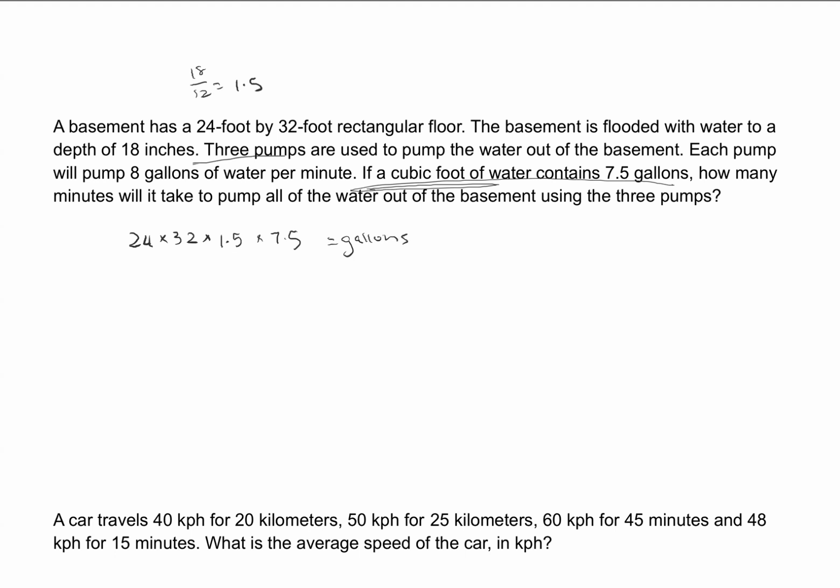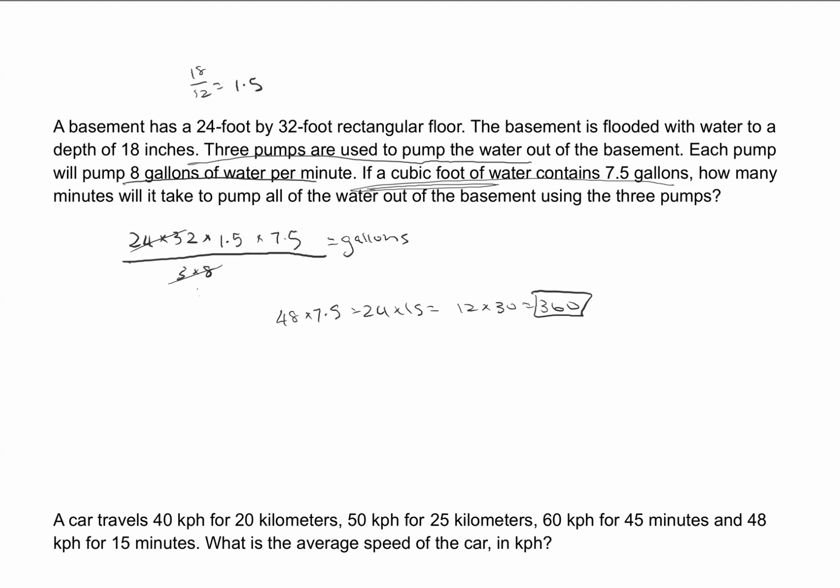And then we also know that there are 3 pumps used to pump water, and each will pump 8 gallons per minute. So it should be divided by 3 times 8, right? This is the amount of water that's being pumped out per minute. So I think it's just multiplying these out. Right? So we get 360.